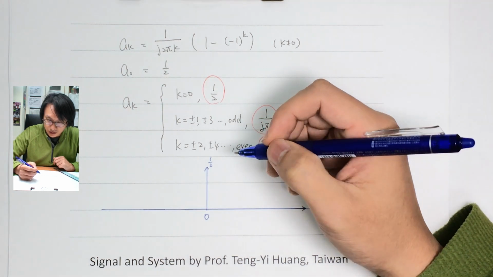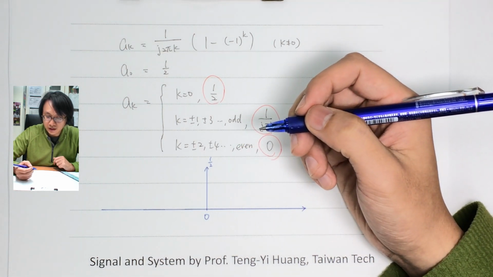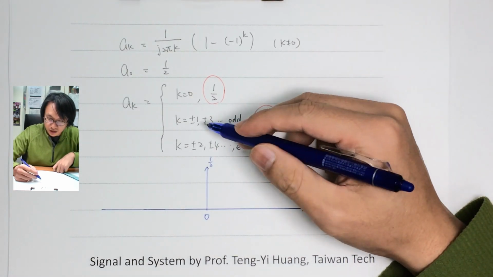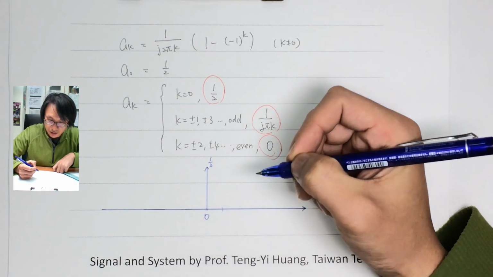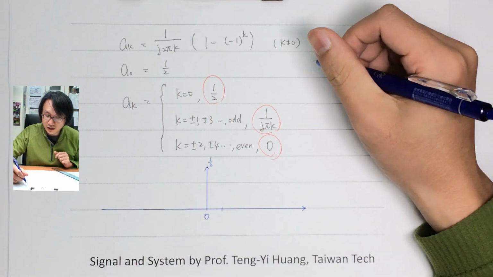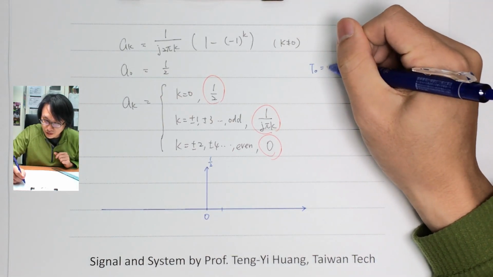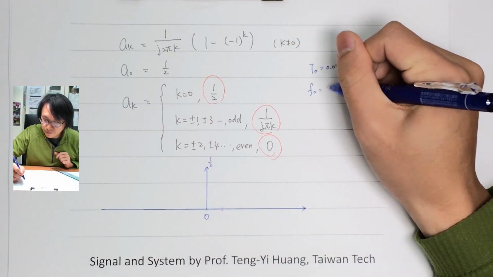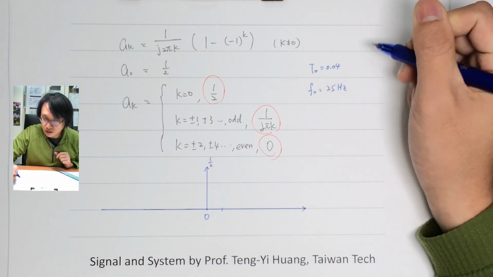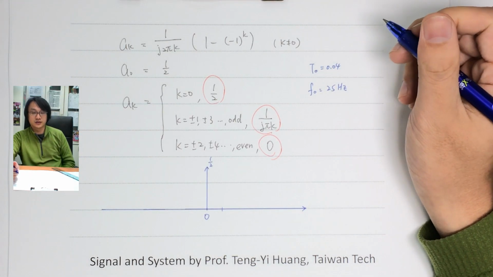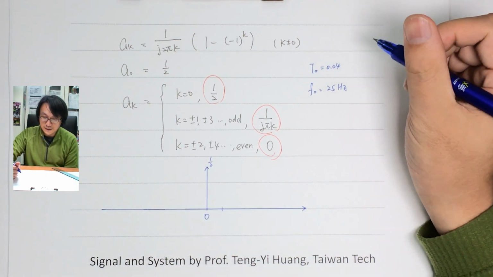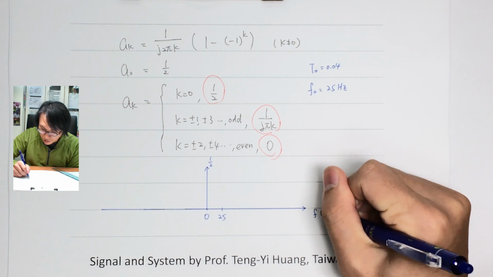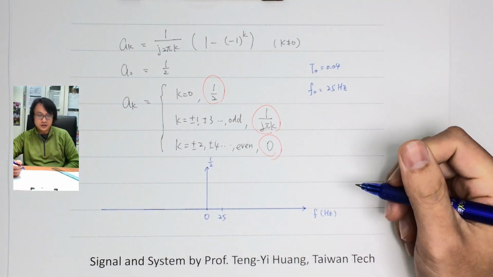And when the frequency is an odd harmonic, like the first harmonic. Remember, T0 equals 0.04. So F0 is 25 Hertz. 1 divided by 0.04 is 25 Hertz. So at 25 Hertz, if the horizontal axis is F, there's a line there with magnitude.